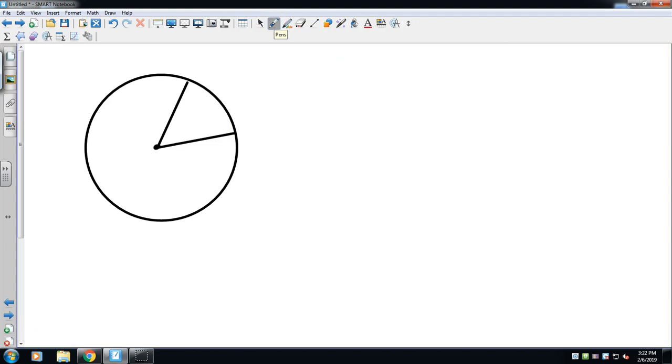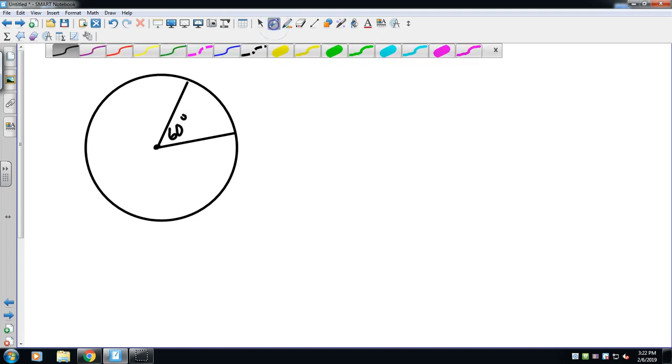And let me just attach a value there. We'll just make this up as 60 degrees. And so we knew at that point that the measure of the arc was also 60, not the arc length.